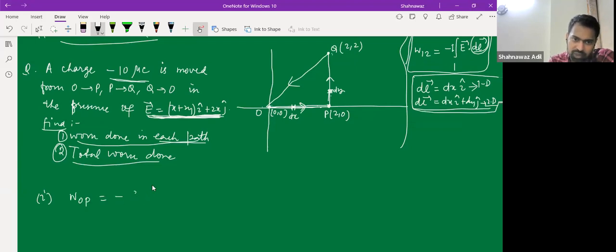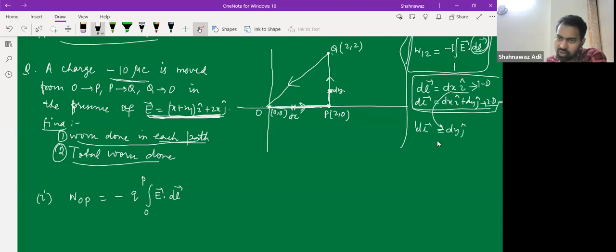Minus Q integral from O to P of E dot dl. So what is the dimension that we have? How many dimensions do we have? This could be dy also, because if we are moving in y direction, then yeah.